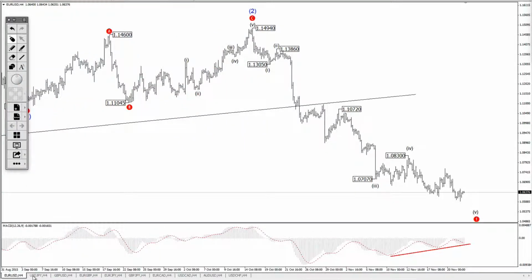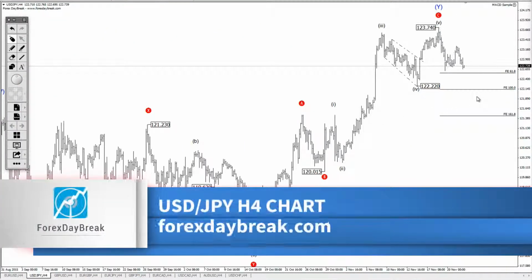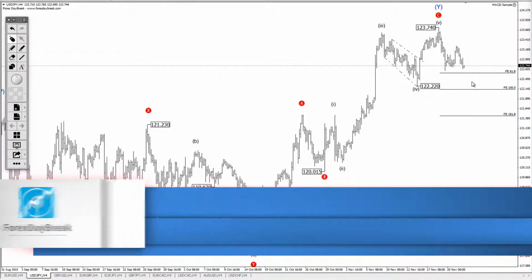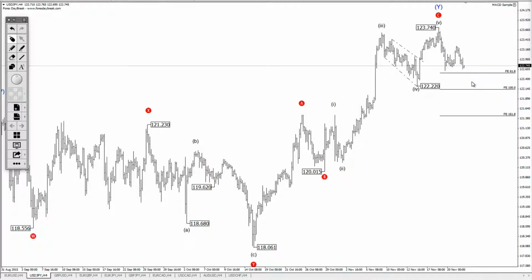Alright, let's move on to dollar-yen, and we have declined on dollar-yen further. Price now 122.74, and I actually have a stop order here just below these recent lows. 122.6 I think was the sell stop order, and the stop loss around 123.